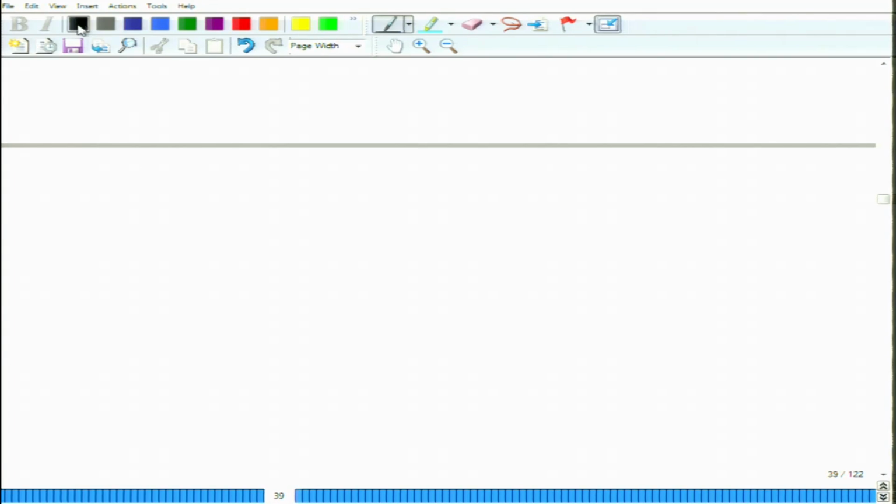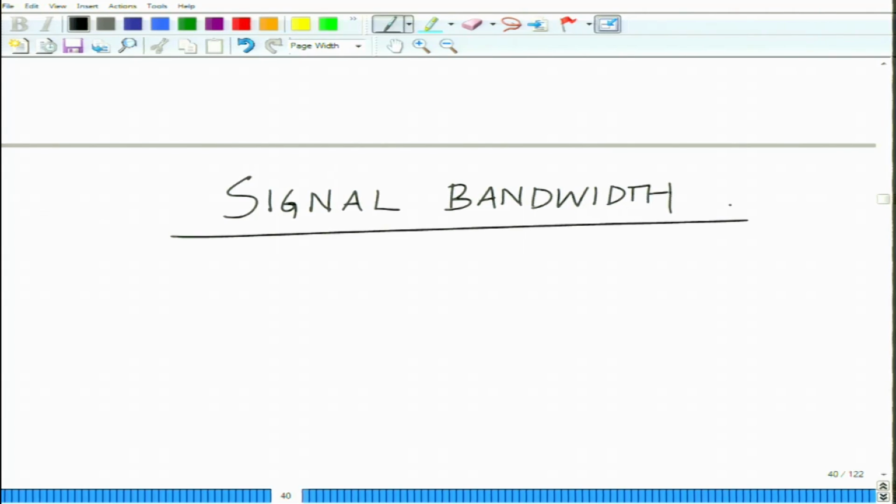Now, we can also define the signal bandwidth. So far we have defined the bandwidth of a filter. We can also use the same definition to define the bandwidth of a signal.